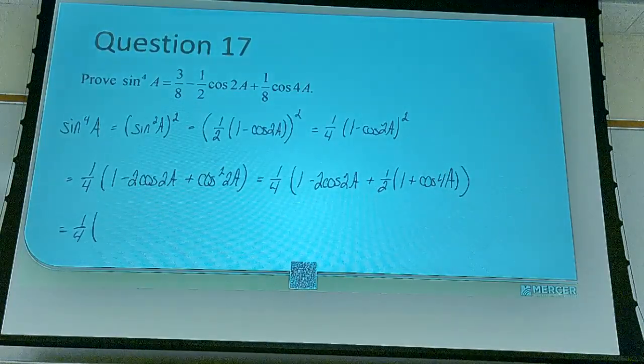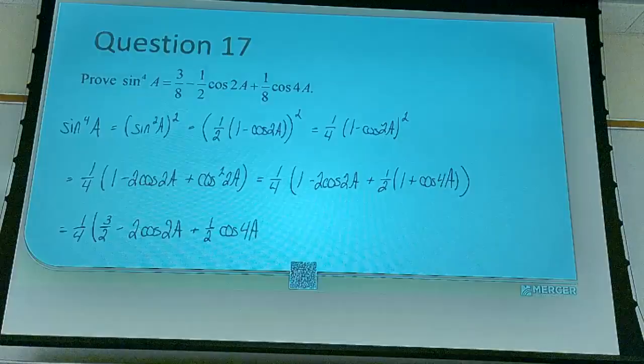Half times 1 is a half, plus 1 is 3 halves. We get a quarter, 3 halves minus 2 cosine 2a plus a half cosine 4a.